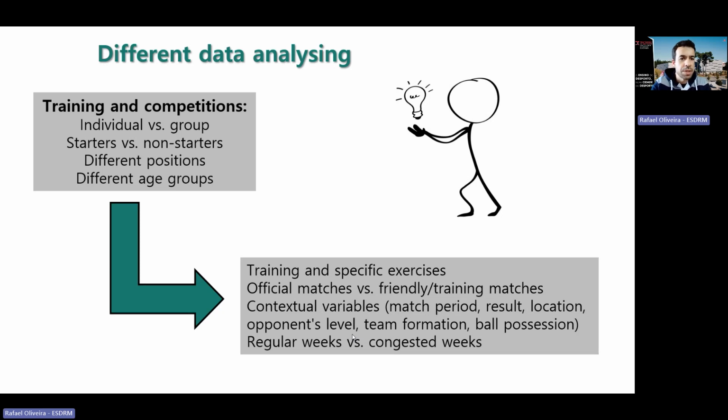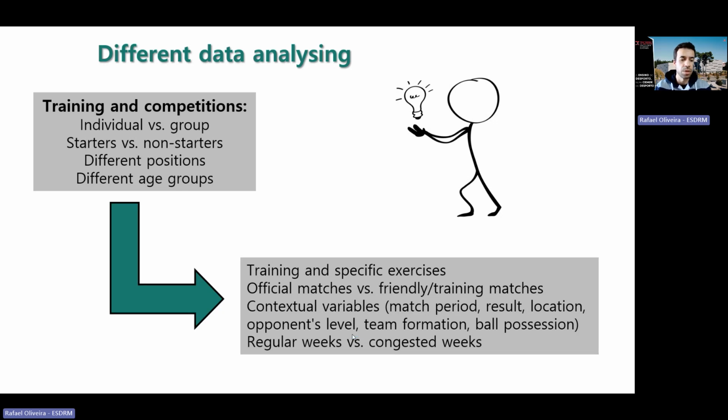So let's start by introducing individual analysis or group analysis, because players are different, and I'm not talking about whether they start a match or not, because that is also going to influence. I'm not talking about the different positions they can occupy on the field, but players are different persons from each other.